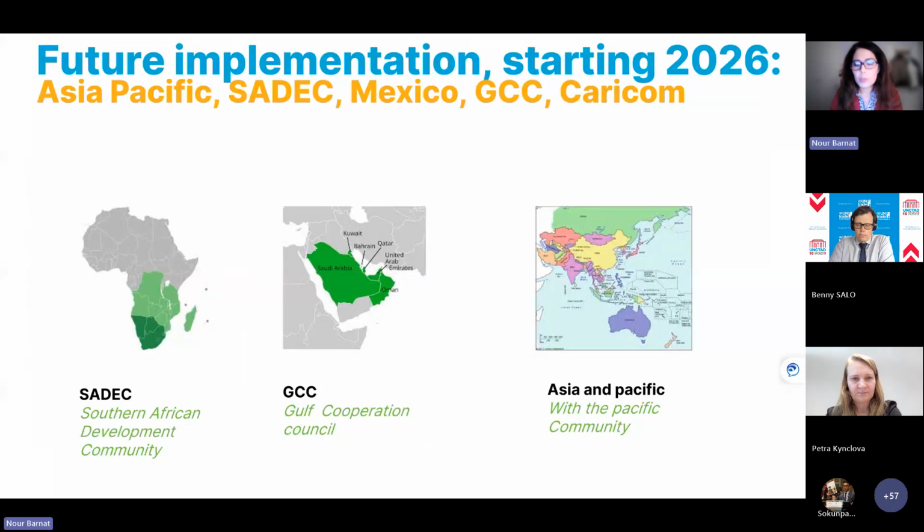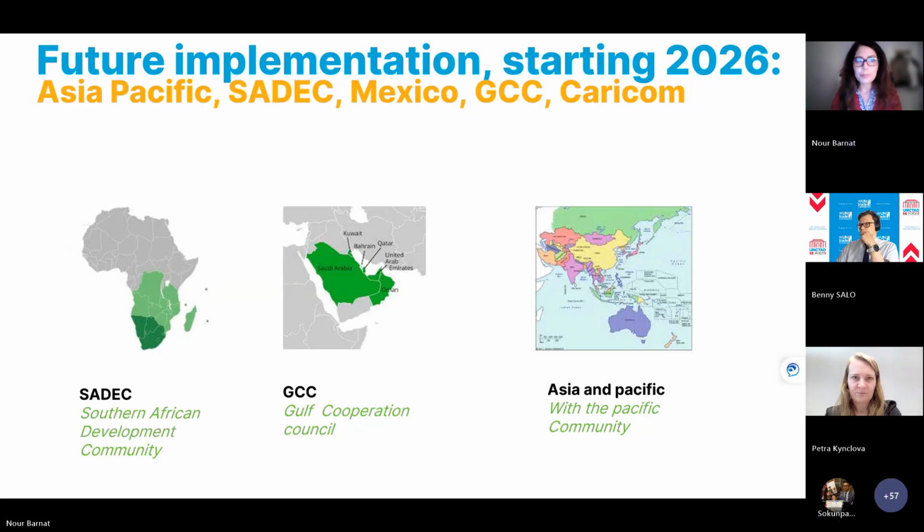There is also future implementation planned for 2026, including SADC, Congo, and Mauritius, who confirmed their interest to adopt TiSSTAT. Also, countries from GCC member states like the United Arab Emirates. And we will have a UN Development Account project with Asia and Pacific to implement TiSSTAT in 4 countries in the region.